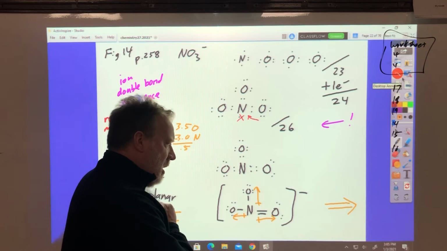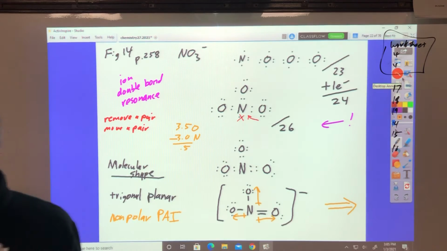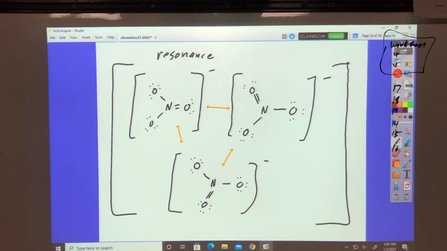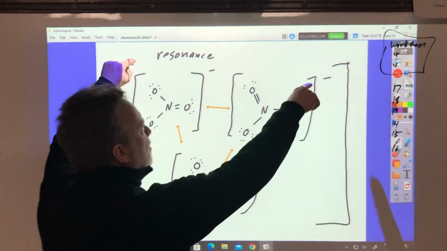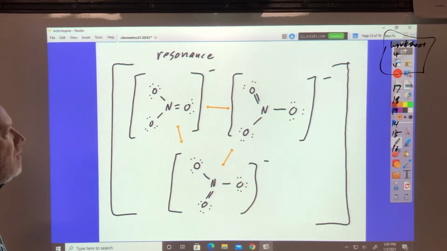So it is an ion, it is a polyatomic ion, so we use a bracket with a charge, but it is also in resonance. Let's see if I did this right. So we also have a big bracket to represent resonance among all these 3 shapes of ionic polyatomic ion.